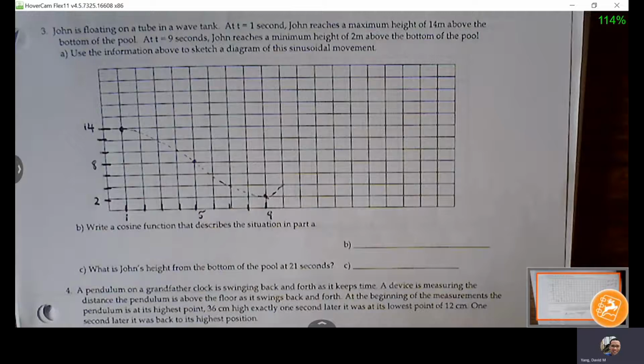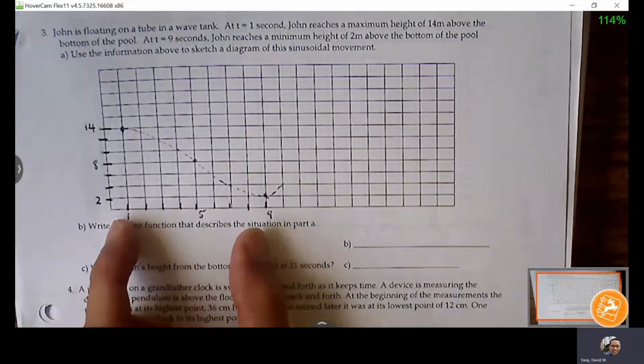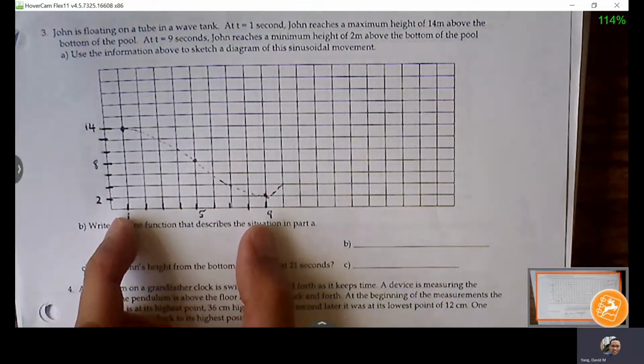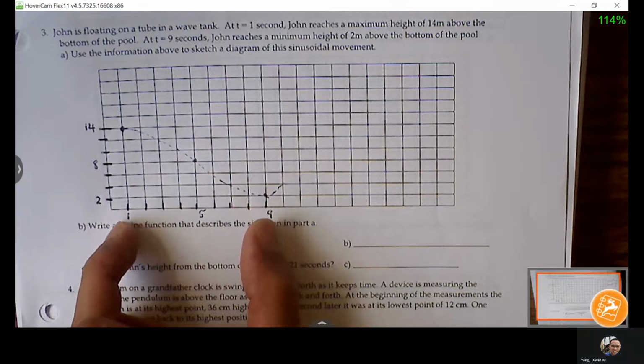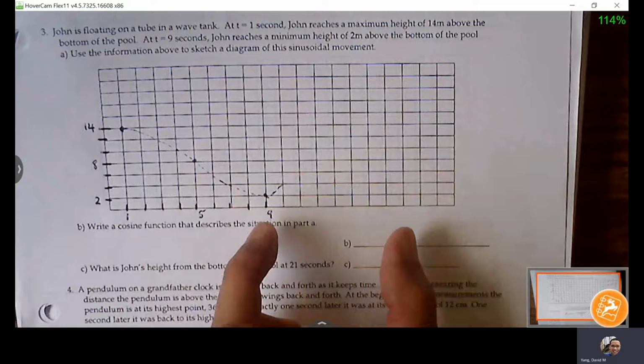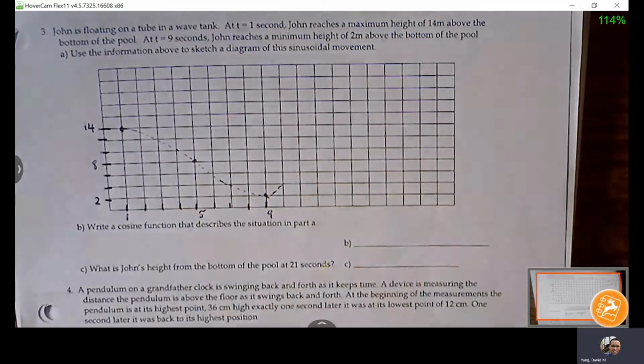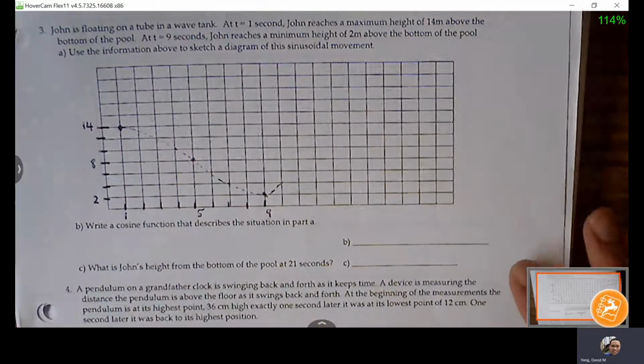I got 16. So max starts at 1, minimum is at 9, so that difference is 8. We know that the horizontal distance is going to be half the period from peak to valley or from valley to peak. Double that, and we have the full period. 8 plus 8 is 16.